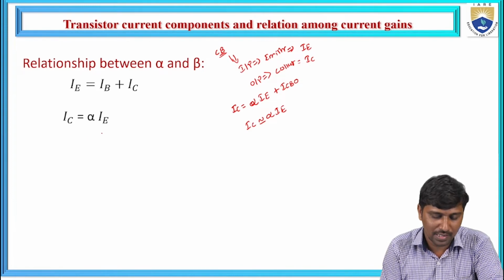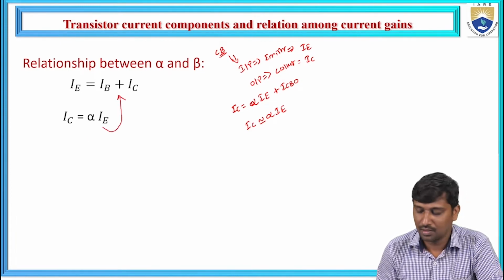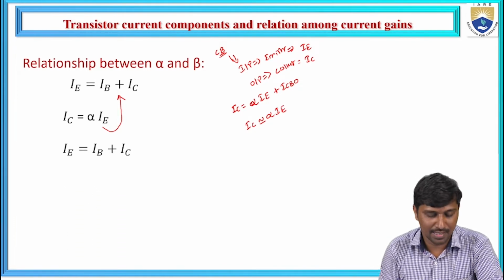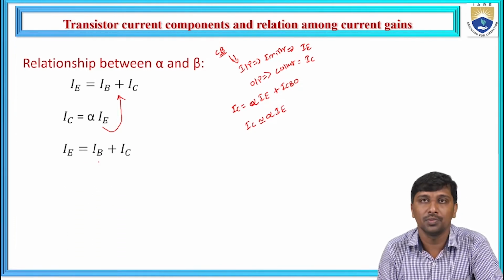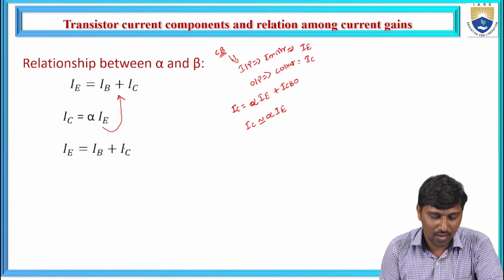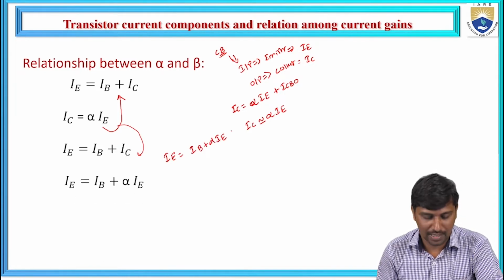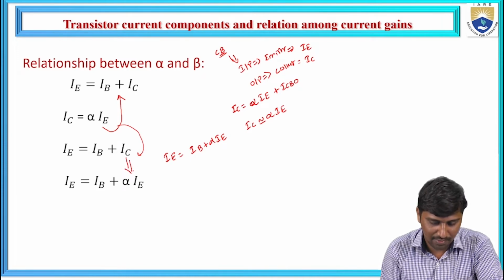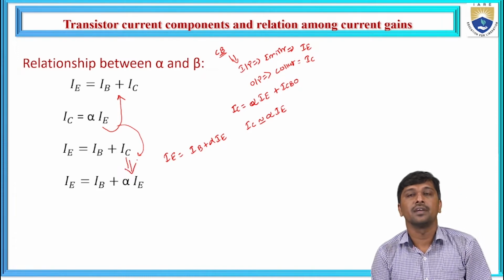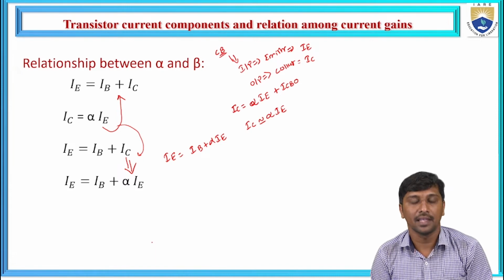Now you can substitute this IC value in this relation. I am going to consider the same equation, IE is equal to IB plus IC, and substitute IC here. So IE becomes IB plus alpha times IE.